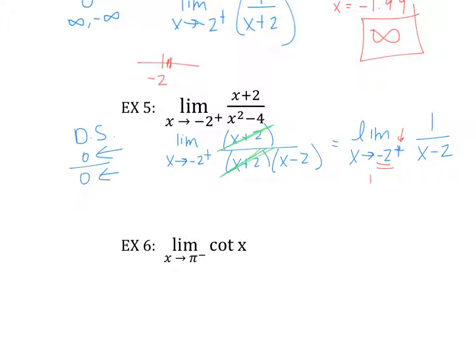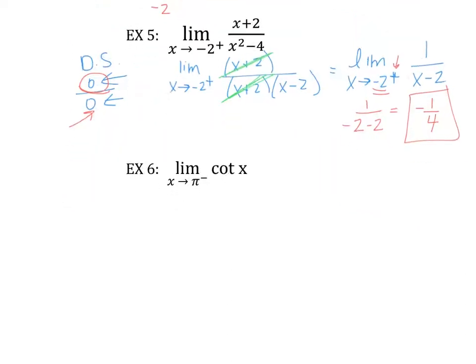So I have 1 over -2 minus 2, and my answer is -1/4. You have to know when you're plugging in that close number. And I know I've said it, but I'm just going to say it and emphasize it. It's only when you get non-zero over 0. When your choices are infinity or negative infinity, that's when you plug in that close number. But that is all.